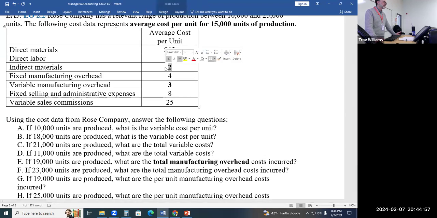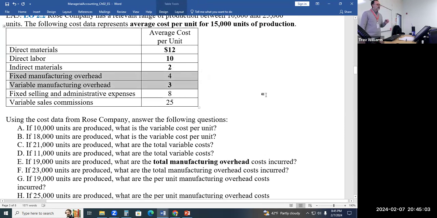In this case, they just separated it out, so we'll just ignore that, okay? And based on what they're telling us, there's $4 of fixed manufacturing overhead per unit and $3 of variable manufacturing overhead per unit. So that means together there's $7 of manufacturing overhead cost per unit, right? But that $7 assumes we're producing 15,000 units.